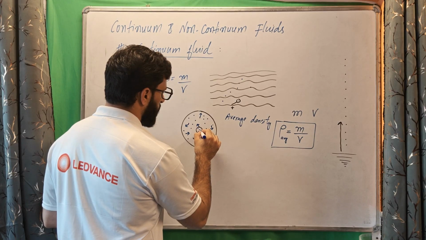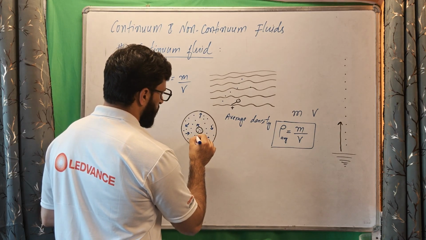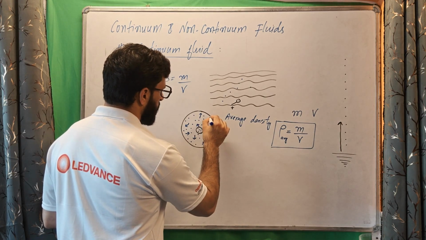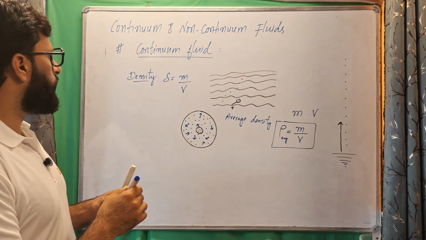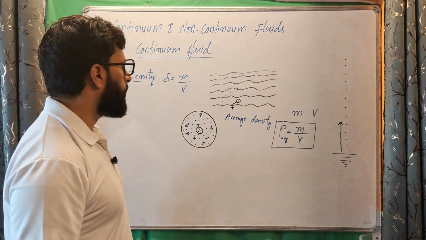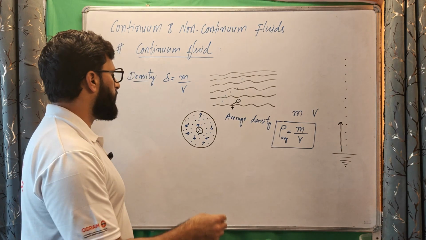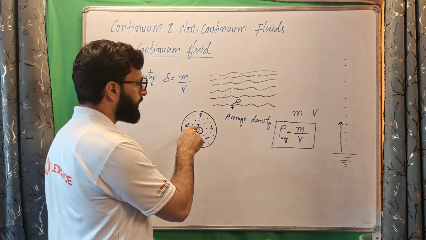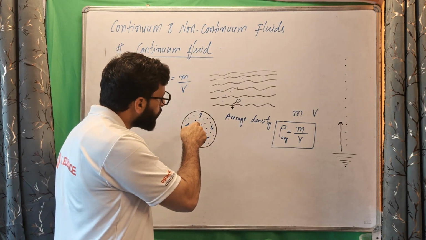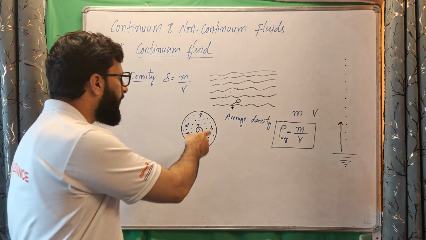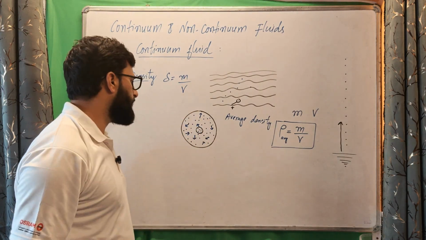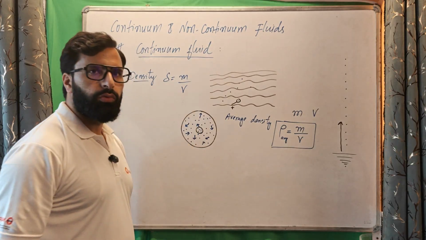Suppose there are these molecules. Now the solution for this problem that we can think of first is, instead of taking the exact point, we'll take a small volume around that point at which we want to define density. So this is the volume that we took.